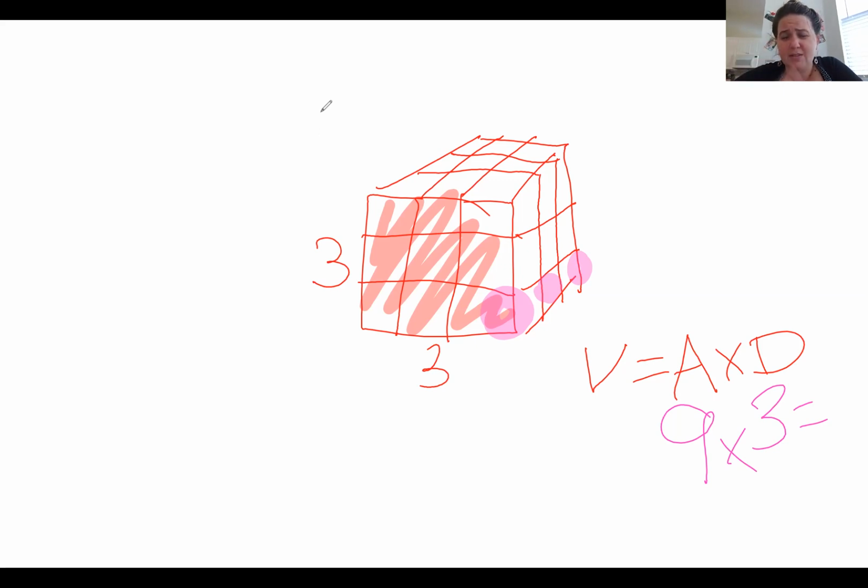Or I can count by 3s: 3, 6, 9, 12, 15, 18, 21, 24, and 27. Okay, so that means that my volume equals 27 cubic units. Okay.